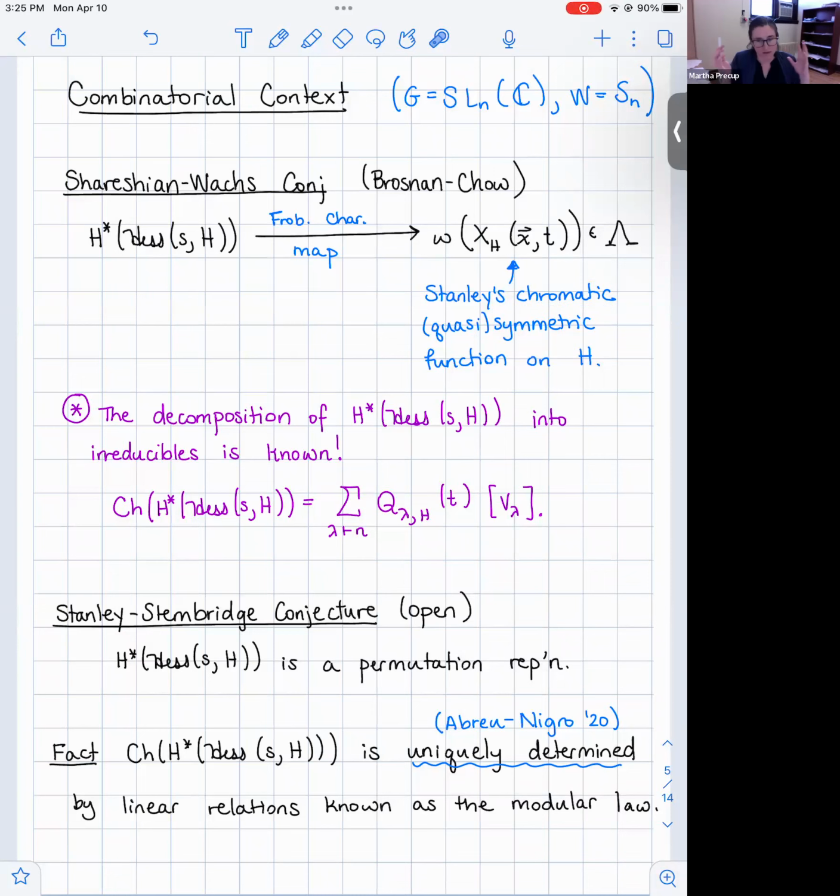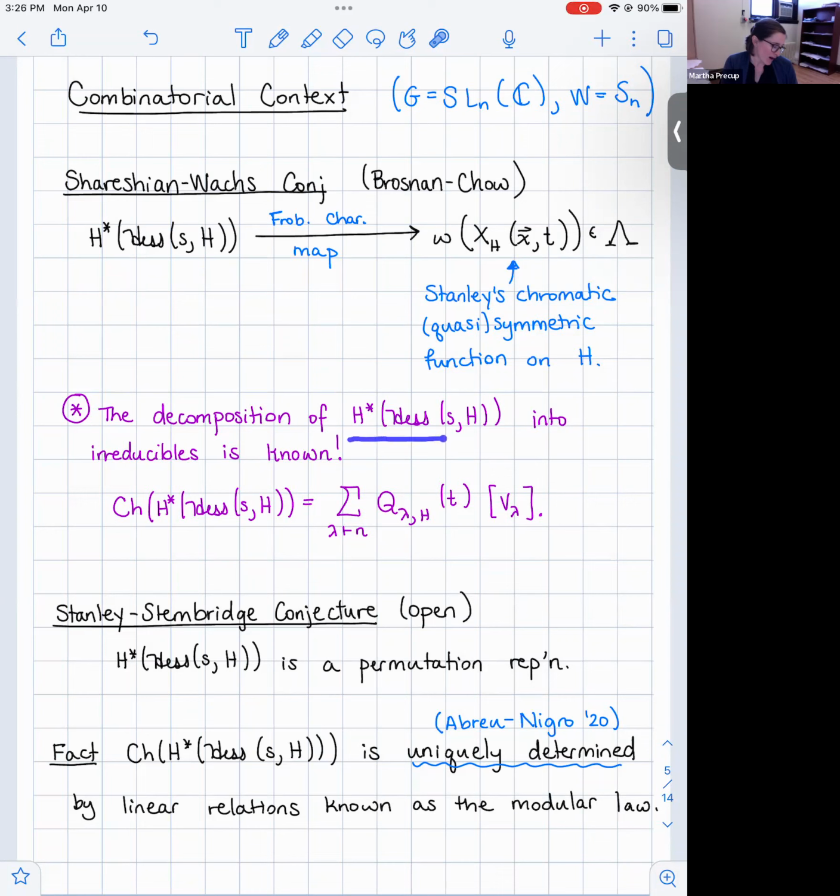So that's all good, but the question is, do we actually know how to compute it? And the great news is that yes, we do. Folks in combinatorics have known how to express Stanley's chromatic symmetric function in terms of Schur functions for a long time. And the Schur symmetric functions on this side of the story correspond to irreducible representations of the symmetric group on the other side.